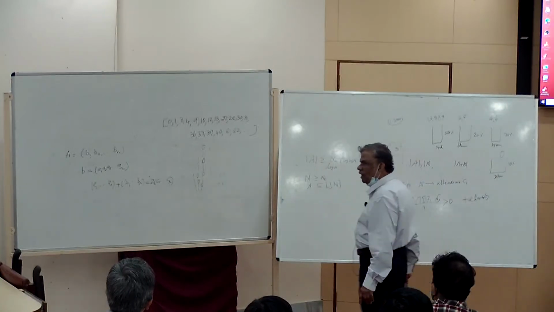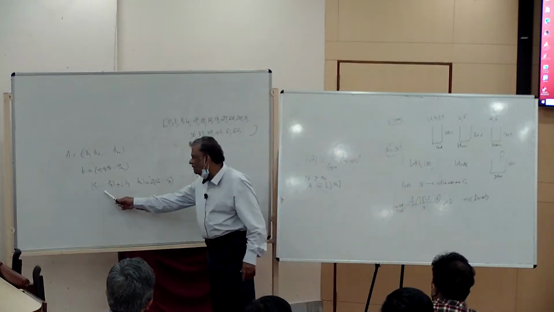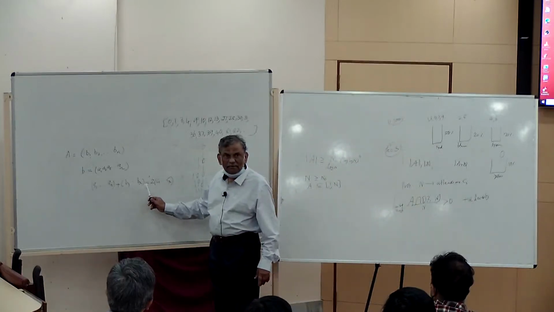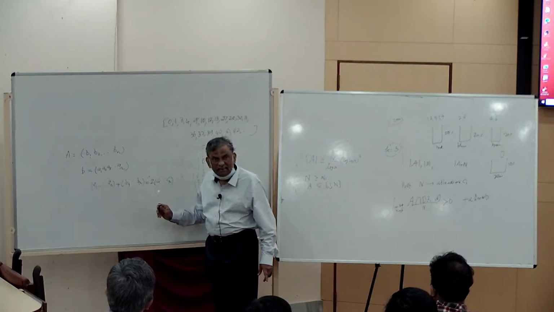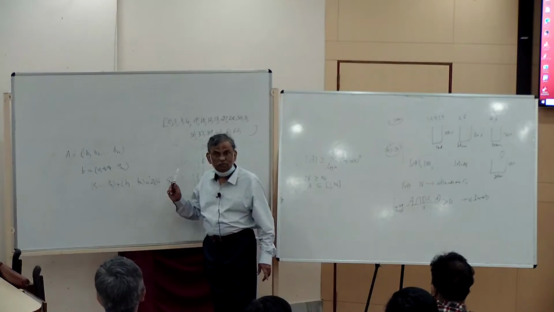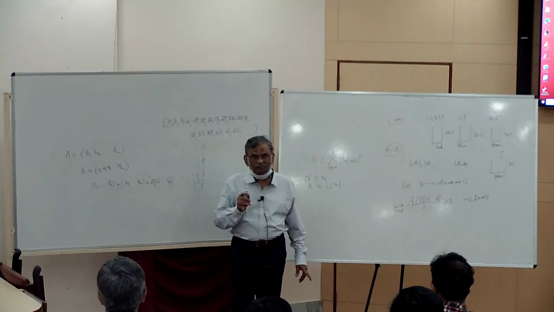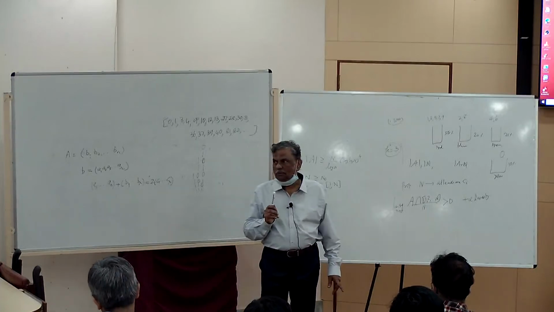First of all, let us make one observation. When I add this and this, and 2 is not one of the digits, and I am in base 3, then this addition is carry-free, no carryover. Good.